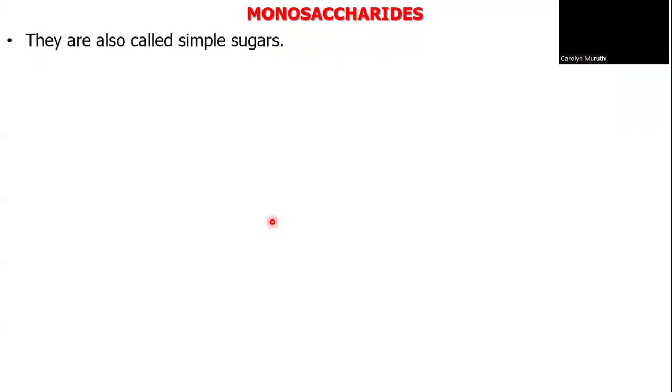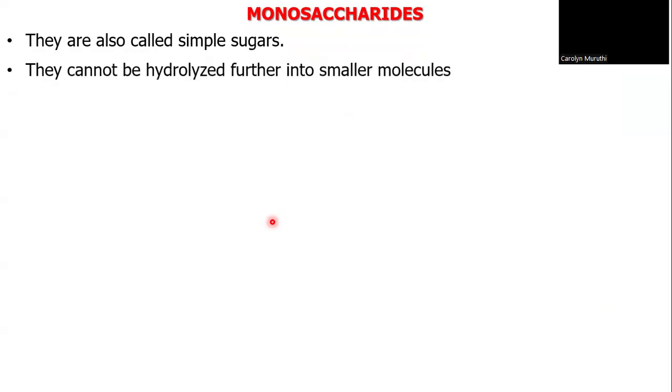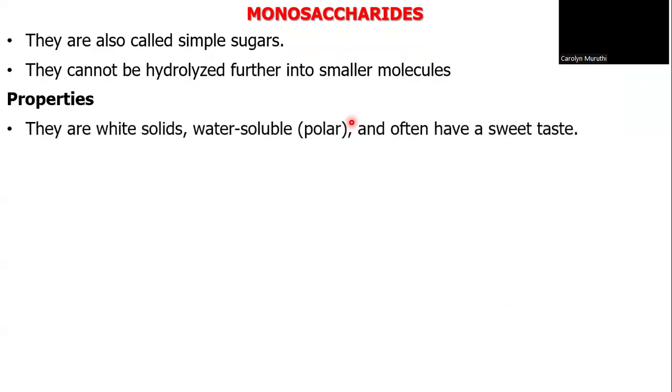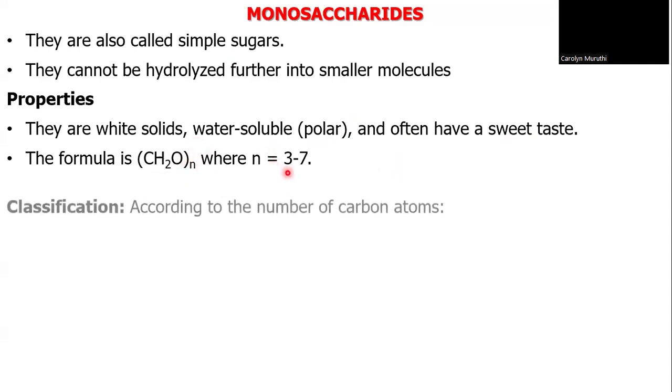We start off with monosaccharides, and they're also known as simple sugars. They cannot be hydrolyzed further into smaller molecules. Looking at the properties of monosaccharides, these compounds are white solids, they're water soluble, that means they are not soluble in nonpolar solvents, and often have a sweet taste. The formula for carbohydrate is (CH2O)n, where the value of n is between 3 and 7.